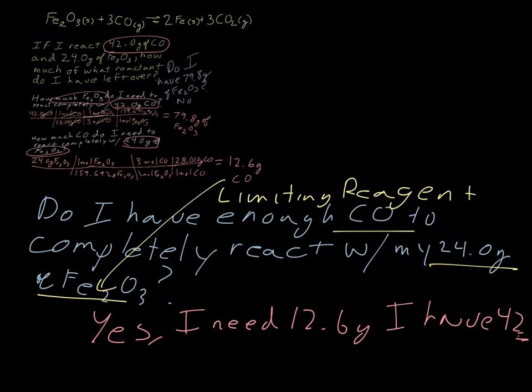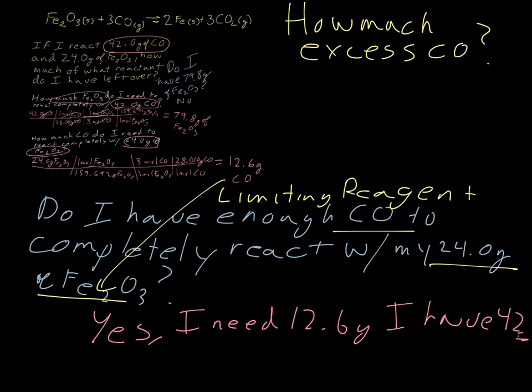and that I'm going to have excess carbon monoxide. How much excess? Well, according to my calculations, I only need 12.6 grams. I have 42 grams. So how much am I going to have in excess?